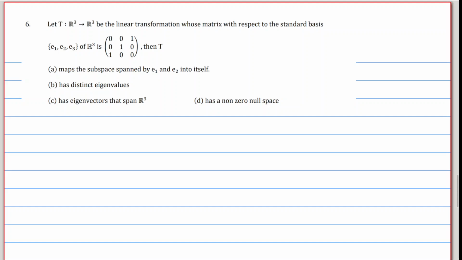So this is the linear transformation, with respect to the standard basis. The first option says it maps the subspace spanned by E1 and E2 into itself. What does this mean?